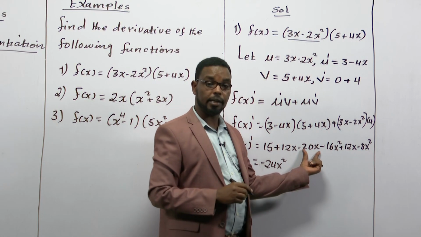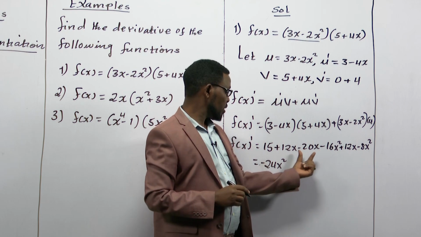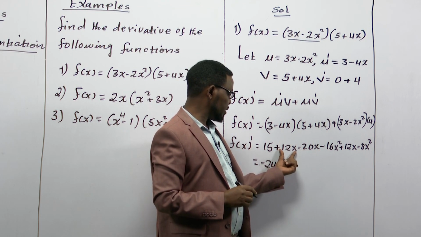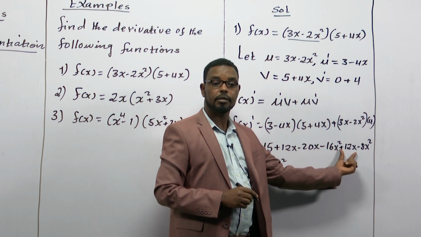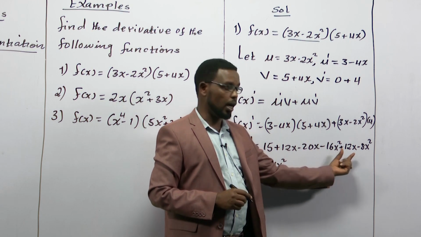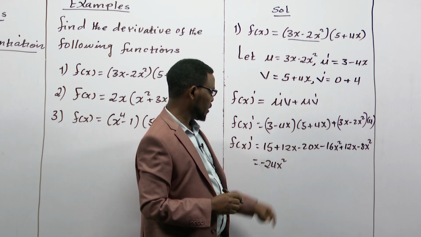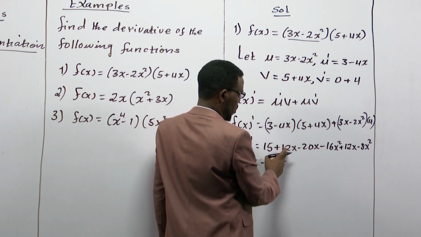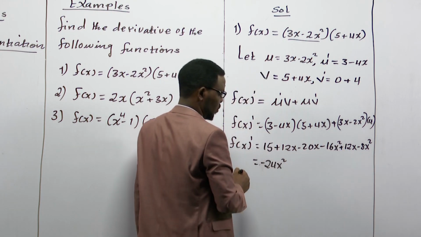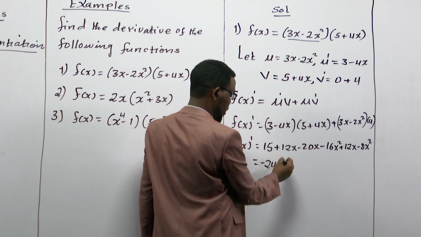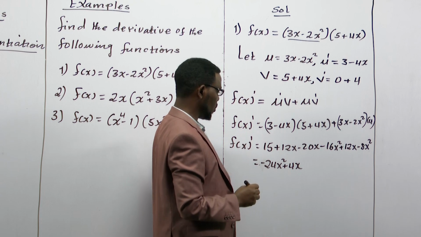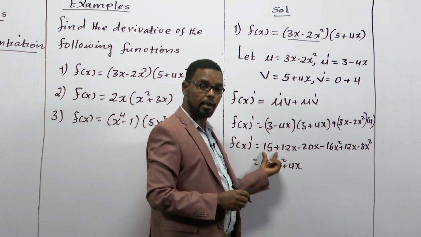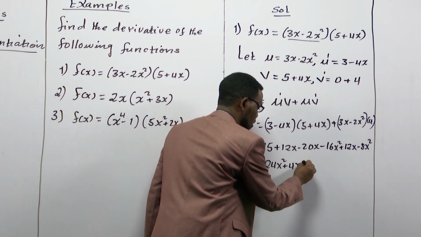Then come to x: 12x minus 20x plus 12x. We should add all those three. 12 plus 12 is 24, 24 minus 20 is plus 4x. Come to the constant. The constant is 15.